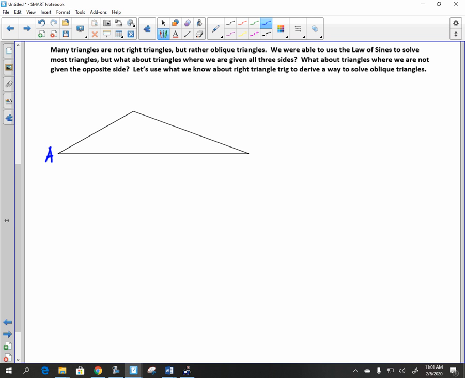A, B, C. Side A, side B, side C. I'm going to drop down a height. I create two triangles, and I'd like to say something intelligent about all three sides.